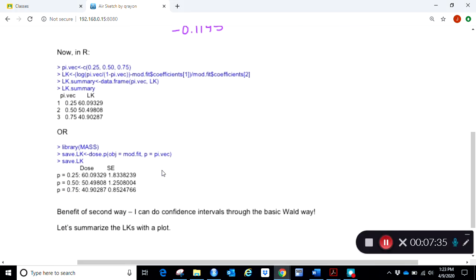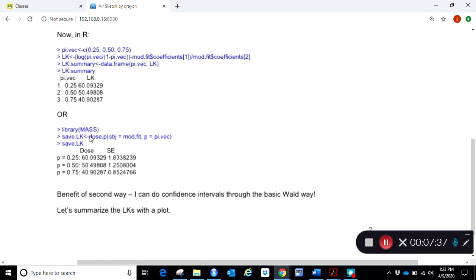Now once I have that library installed, there's actually a function called dose.p. That's the name of the actual function, so I can't change that. I'm going to store what I'm doing with this function into what I'm calling save.lk. So it understands that finding a lethal dose is a very common thing that people would like to do.